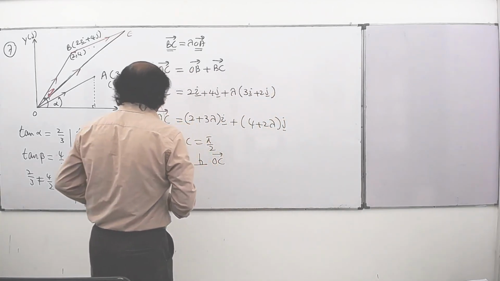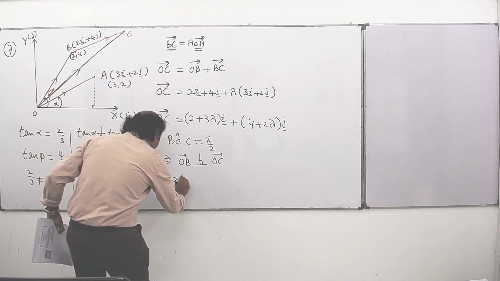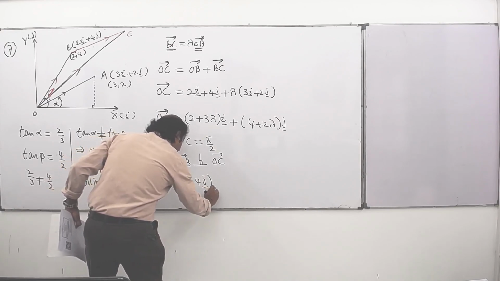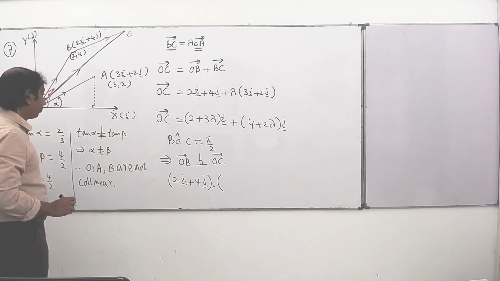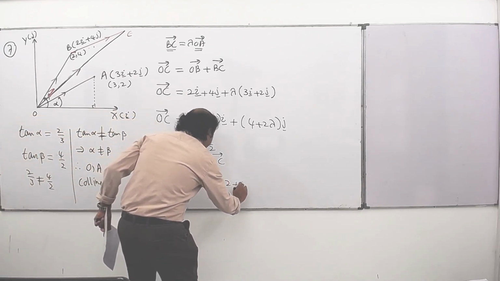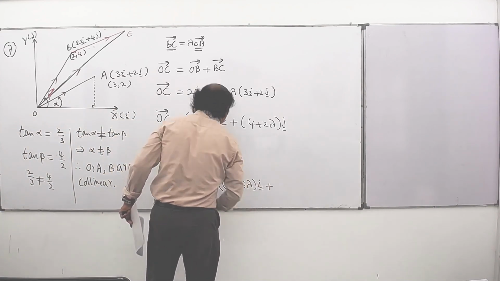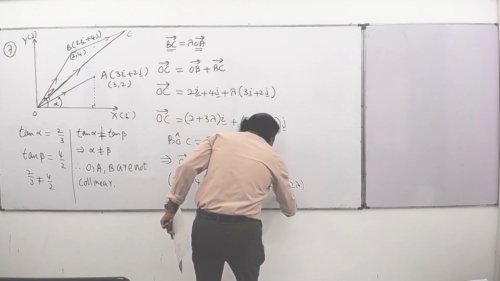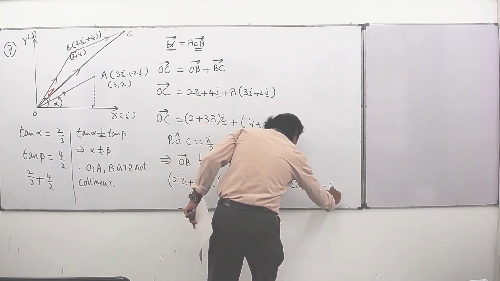Right. OB vector 2i plus 4j dot OC vector, this one, (2 plus 3 lambda)i plus (4 plus 2 lambda)j should be equal to 0.